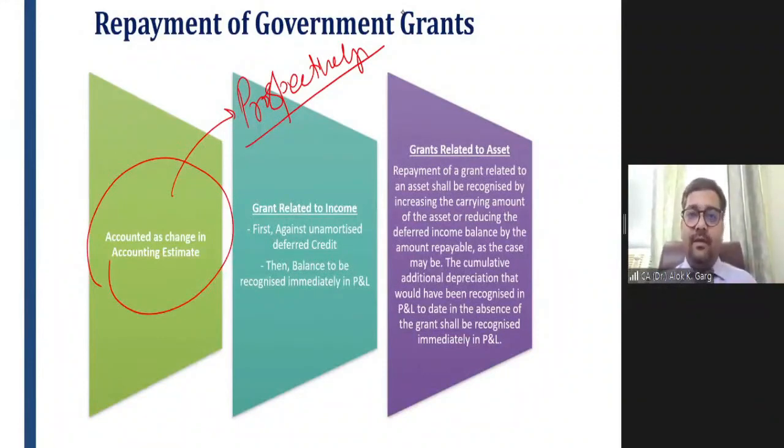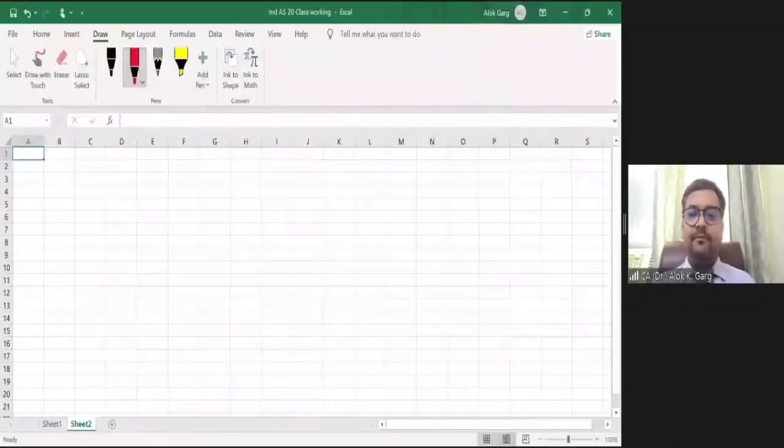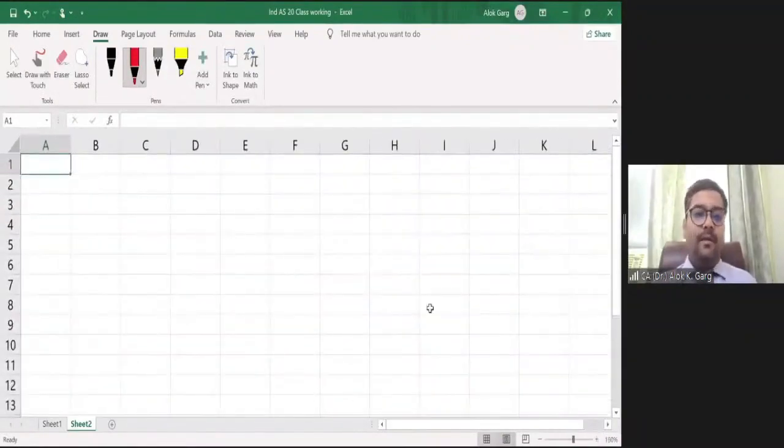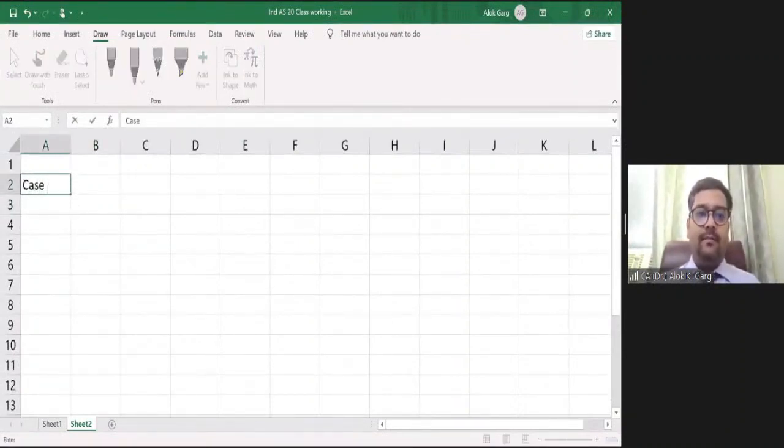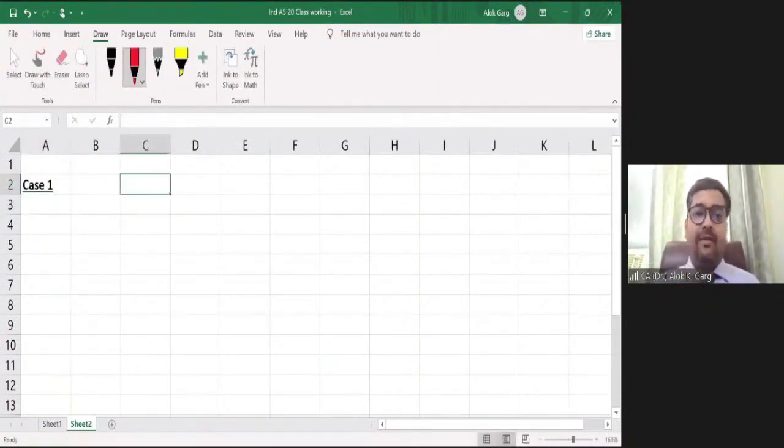let me make you guys understand with the help of an example in the Excel sheet. So guys, government has given a grant, case 1. I hope my screen is visible, my Excel file is visible to everyone.